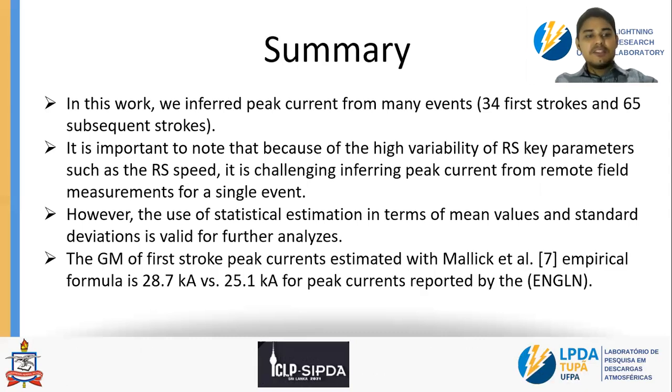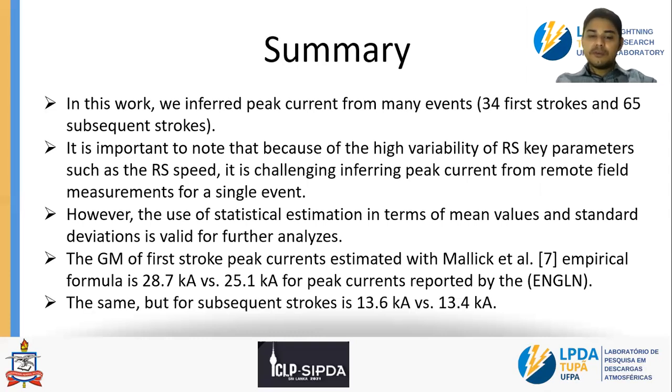And the GM, the geometric mean of the first stroke peak current estimated with Malik and co-authors' empirical formula, is 28.7 kiloamps versus 25.1 kiloamps for peak current reported by ENGLN. So very close. And the same for subsequent strokes, 13.6 versus 13.4, very, very close.